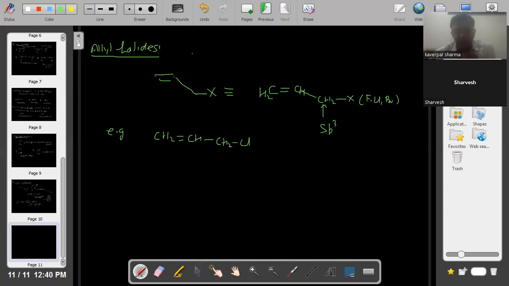C 1, 2, 3: 3-chloroprop-1-ene. Okay. In such a case, double bond, then single bond, then halogen. So that is called allyl chloride.